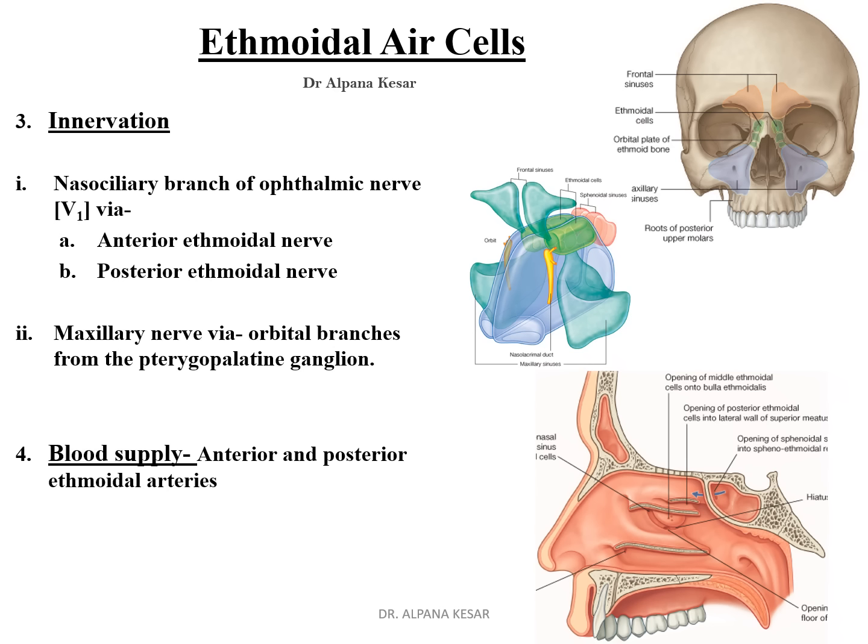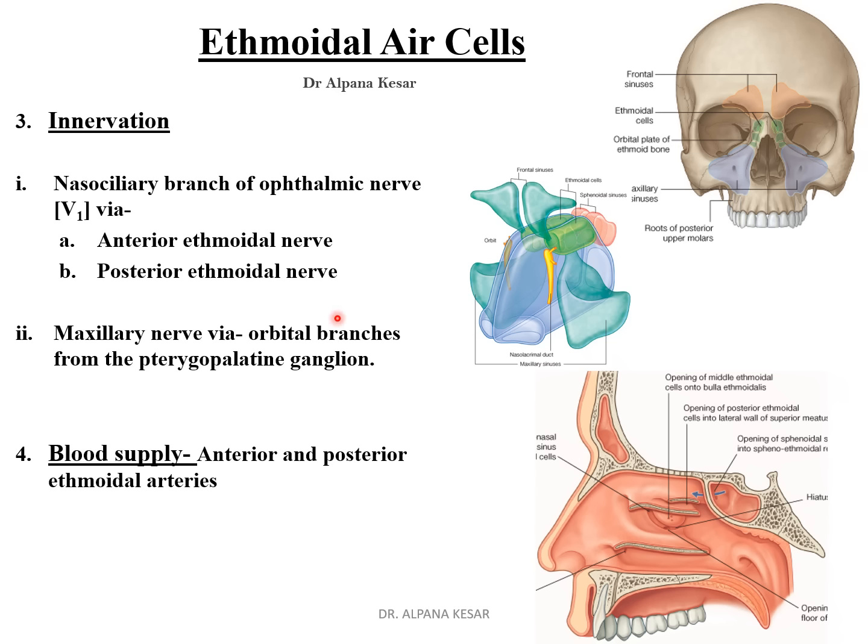Innervation of ethmoidal air cells. General sensory innervation to ethmoidal air cells is by anterior and posterior ethmoidal nerves, which are the branches of nasociliary nerve. Nasociliary is a branch of ophthalmic division of trigeminal nerve.